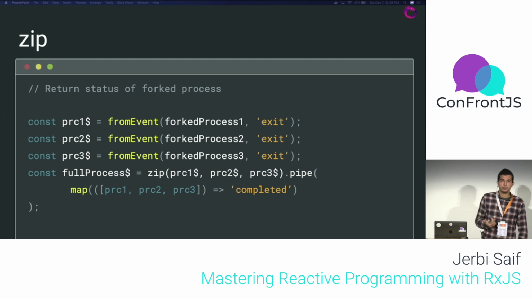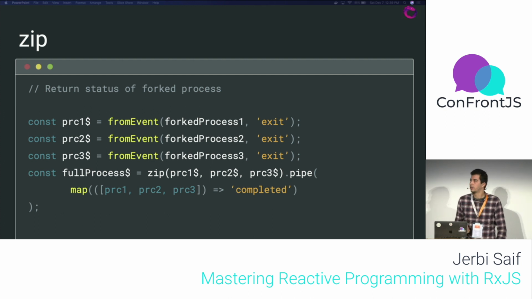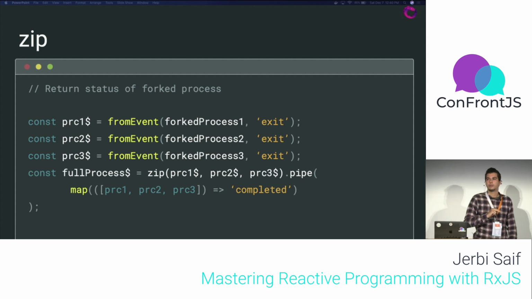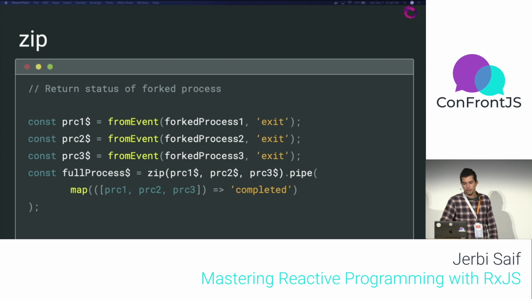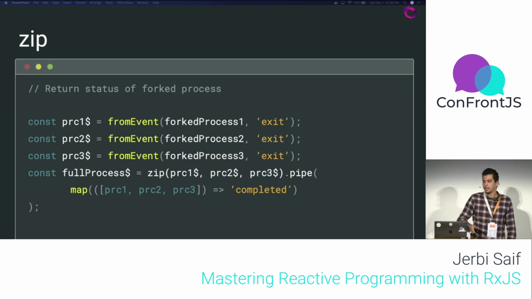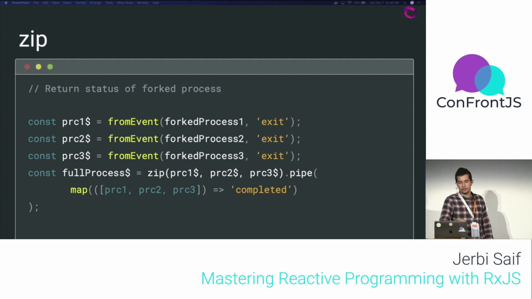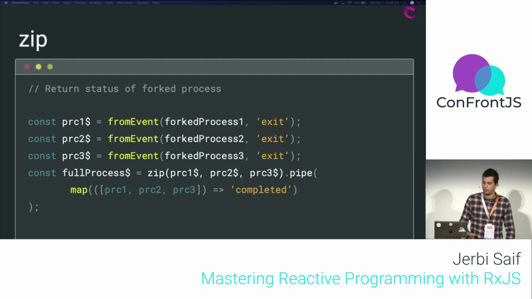So here I'm using fromEvent as a static function to create an observable observing the exit event for each process, and zip will subscribe to each observable and will emit a value only if all these observables have completed. After that, I'm using a pipe to get the different values emitted by my observables, and I will transform them to just say completed.